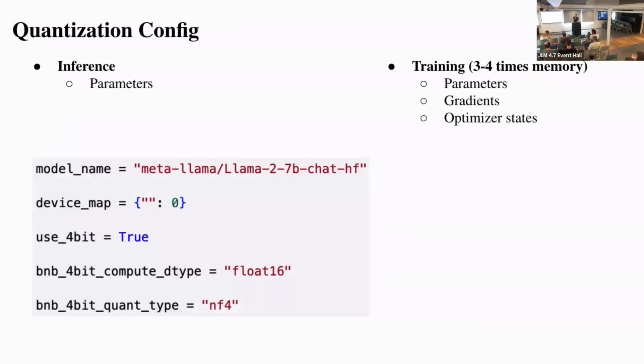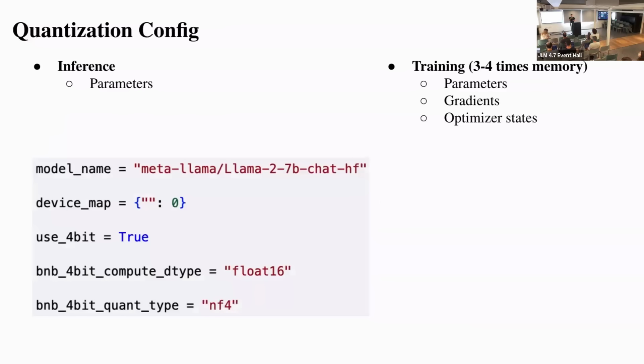So here you can see the configuration for quantization. First of all, here's the model name that we have in Hugging Face. We load it into the first GPU. And here we have use 4-bit true, which means we want a precision of 4-bit for our parameters of the model. And we have a compute data type of float16.